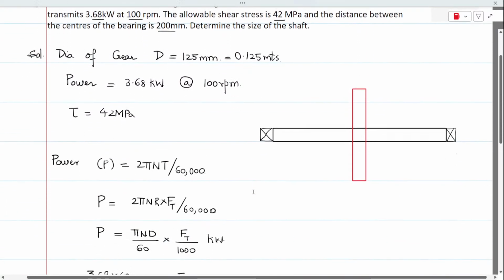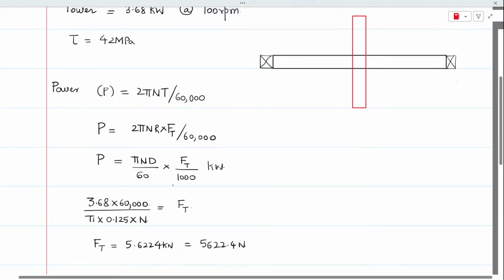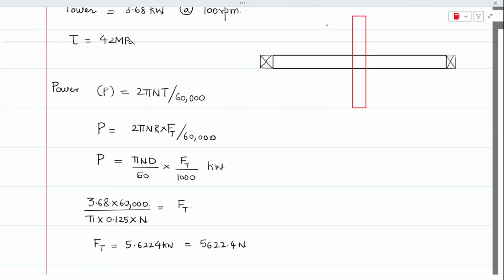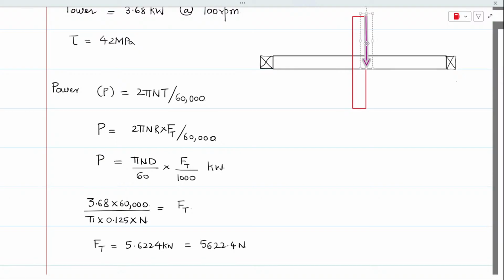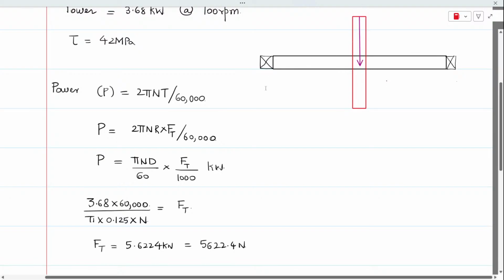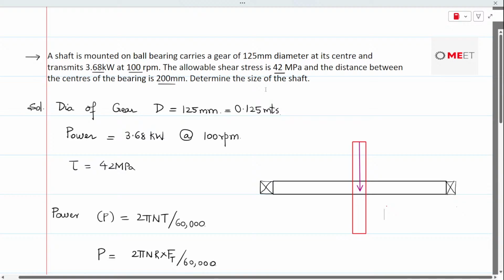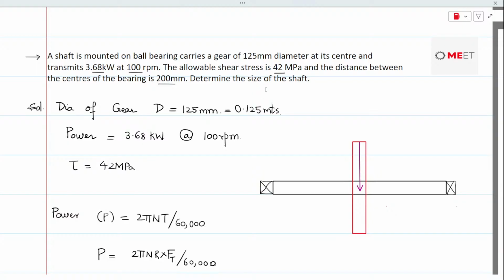Next is, due to this tangential force, the shaft will be subjected to bending, and the tangential force will be acting right at the center. Now here the gear is given to us, and it is transmitting a power of 3.68 kilowatts at 100 rpm. When it is transmitting the power, there will be tangential force as well as radial force, but radial force here cannot be computed.